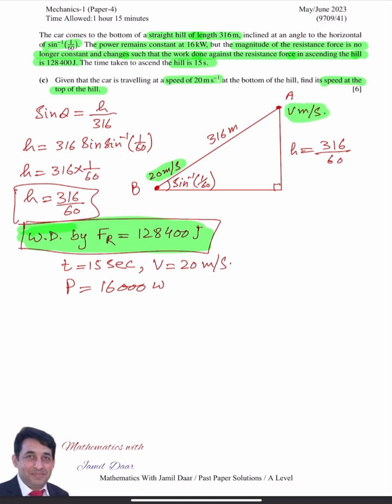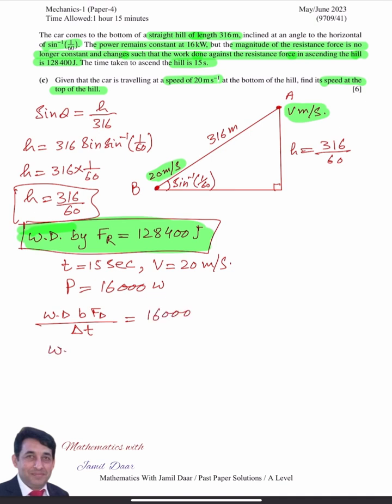Now you know that power is equal to work done by the driving force over change in time, and this will be equal to 16,000.